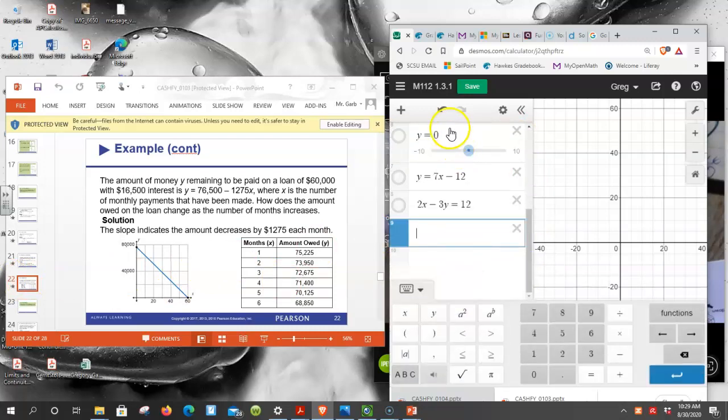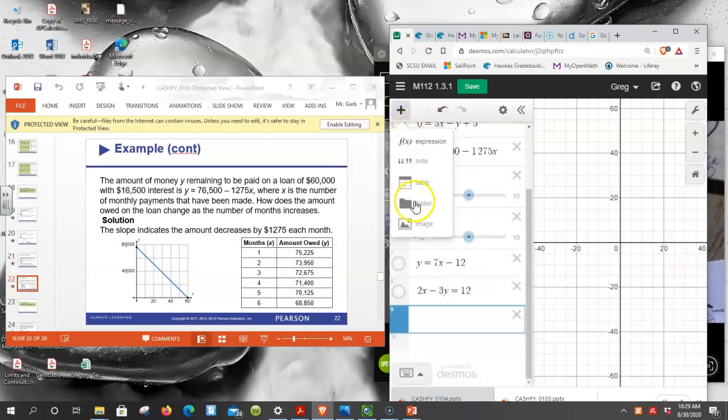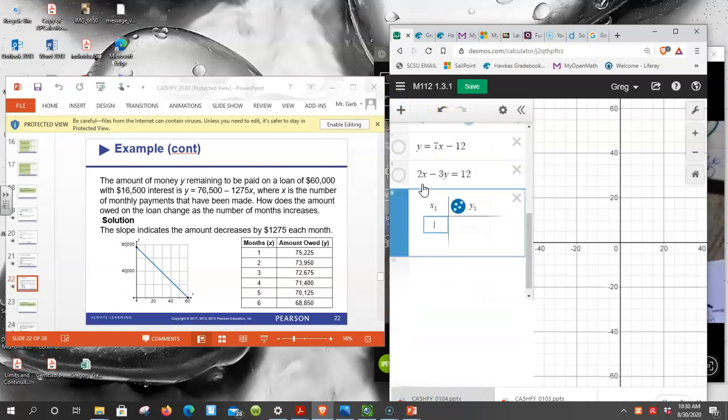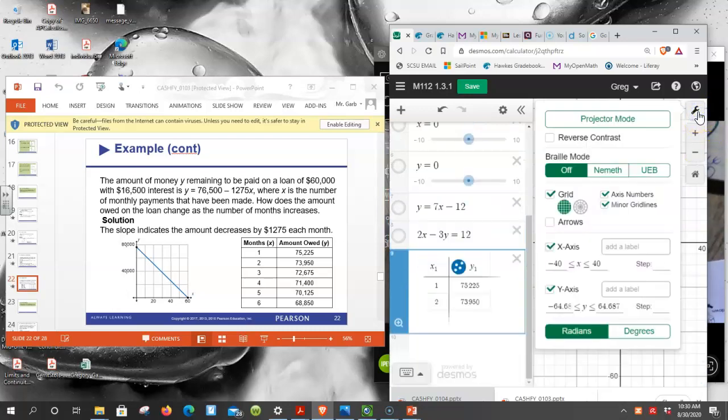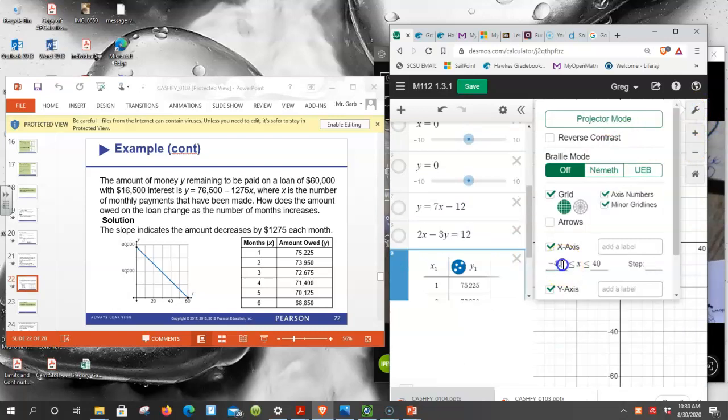So you go in here and say okay, and again, don't forget to make your table. So at time 1, it's going to be 75,225, and then you keep on going. And then 2, 73,950. Now you might say, how do we get that graph back? Don't forget, you go back to the wrench, and you set that graph to, what was it, 0 to 60?